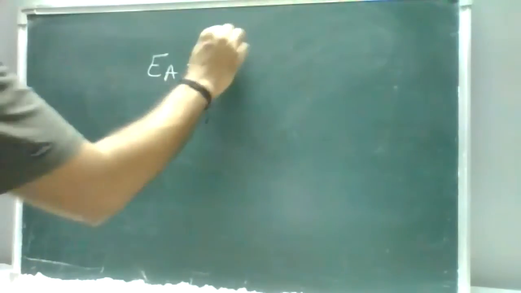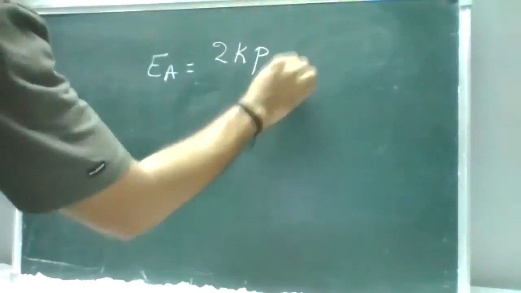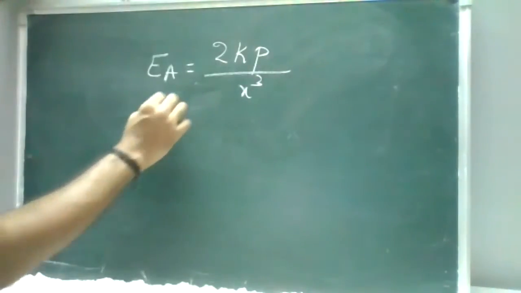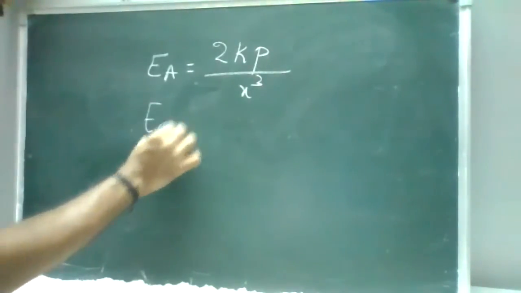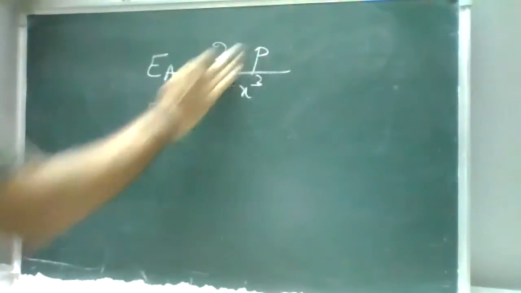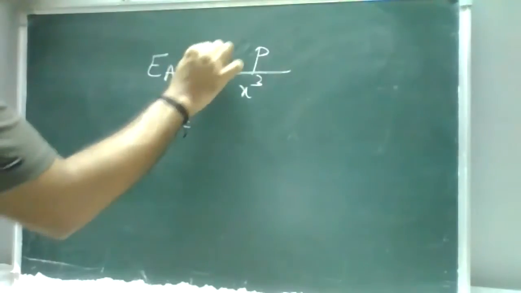Then what is the E axial formula for the special case? E axial is equal to 2kp by x cube. Correct? So with respect to the special case, it is k into 2p by x cube.